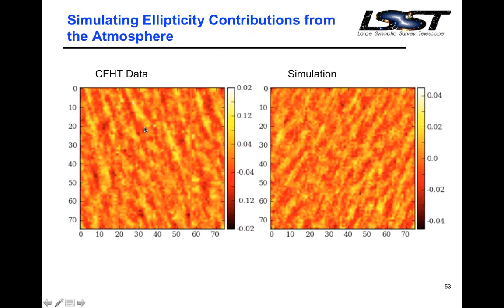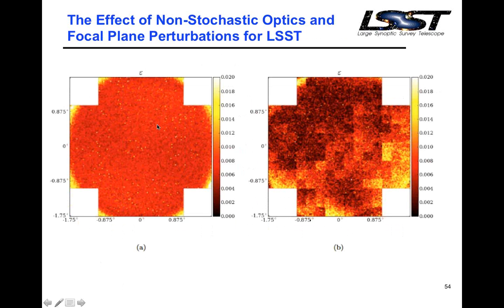You can see this streaking in the data, which is actually associated with the passage of turbulent structures in the atmosphere due to the wind in one particular direction. And that leads to a preferred correlation in one direction versus the cross direction. And when we simulate this ab initio, without trying to adjust anything to match the data, we get very similar images from our simulations. So we have pretty high confidence that we're simulating the atmospheric effects properly.